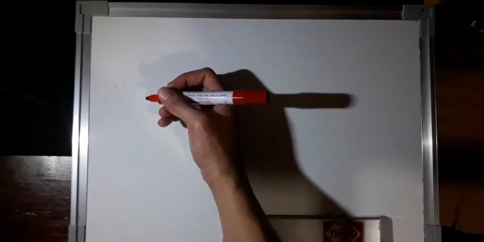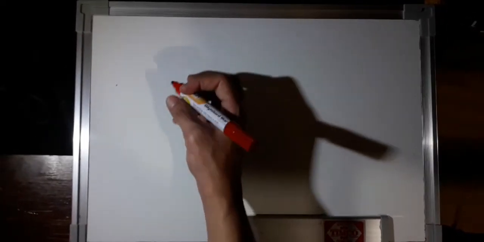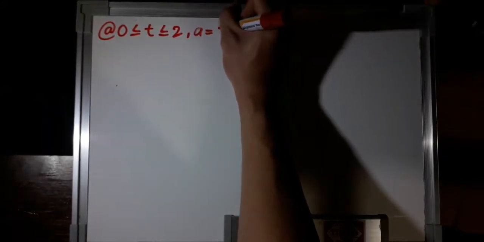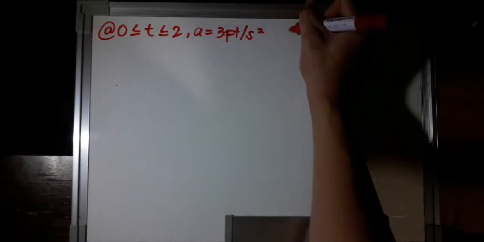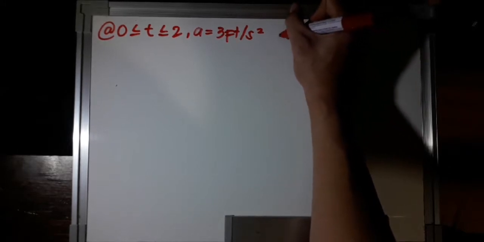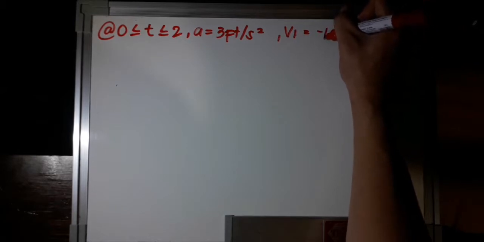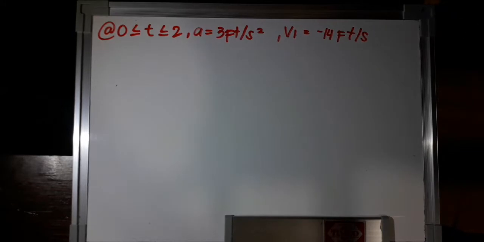So the next thing that we are going to do is solve for the velocity in the given time, 0 to 2. Here we have a given value for acceleration, which is 3 feet per second squared, and also an initial velocity of negative 14 feet per second.